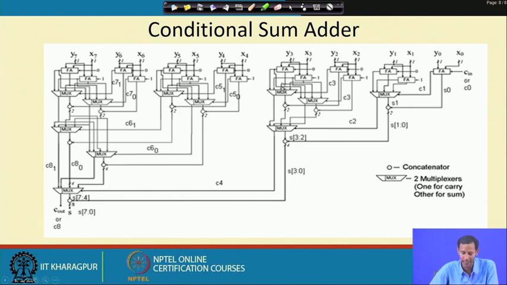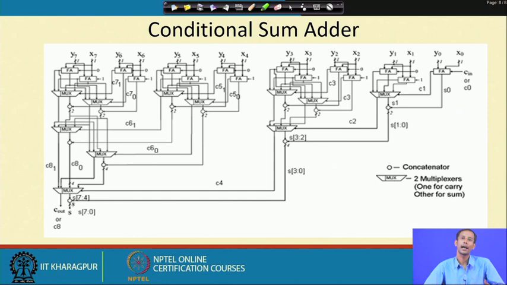So, the delay for this particular 8 bit conditional sum adder is one full adder cell delay plus 3 multiplexer delays. If I consider 16 bit, then it is 1 full adder delay and 4 multiplexer delays.